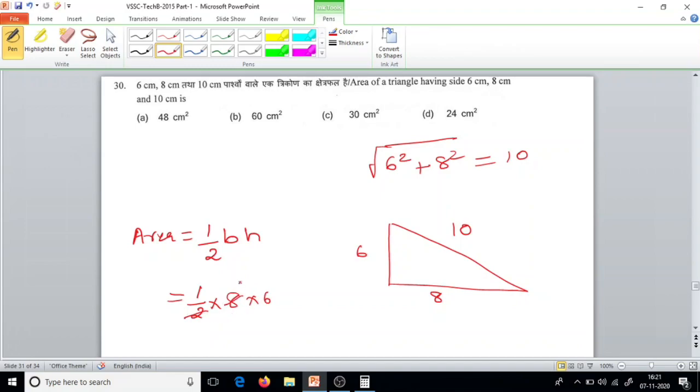Half of 8 is 4, and 4 times 6 is 24. So 24 centimeters square.